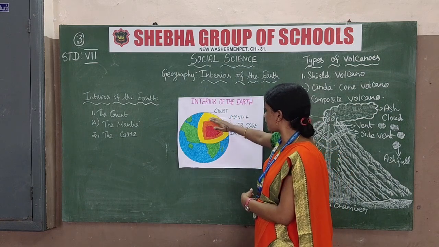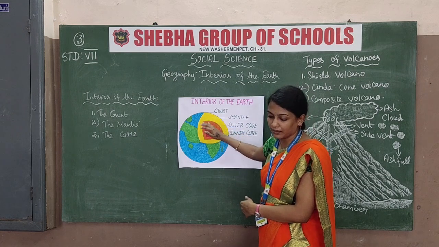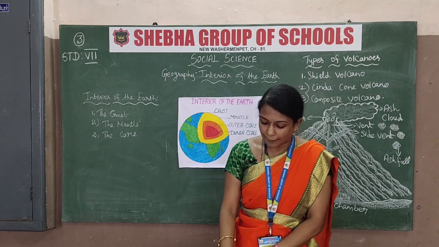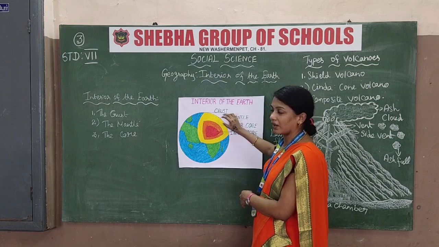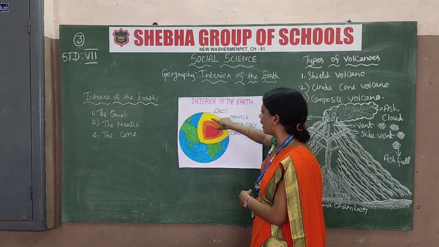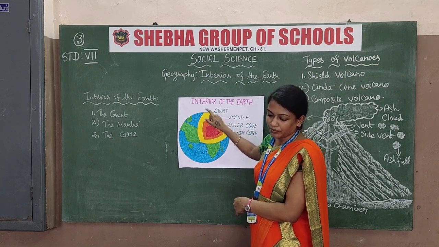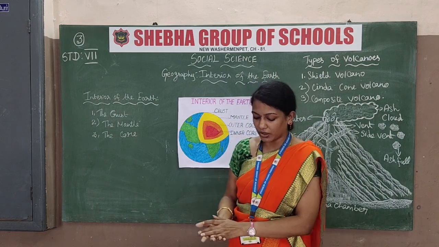What is the thickness of the mantle? It is 2900 kilometers. It is divided into upper mantle and lower mantle. This place is called the upper mantle and this place is the lower mantle. It is divided into two types, as I already told you.